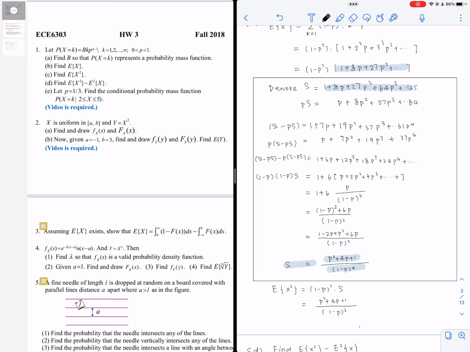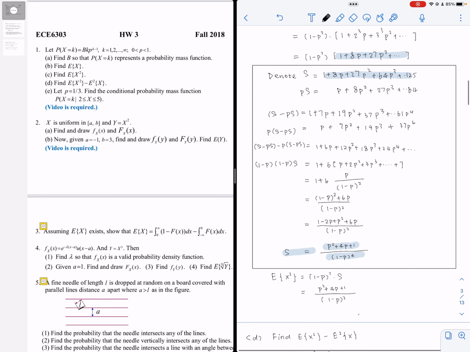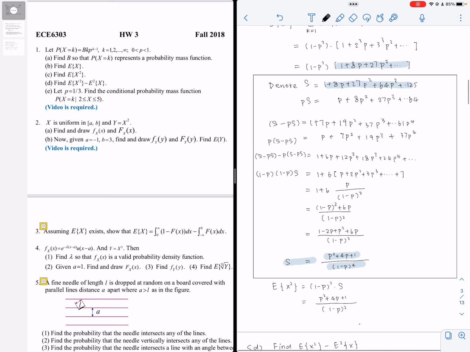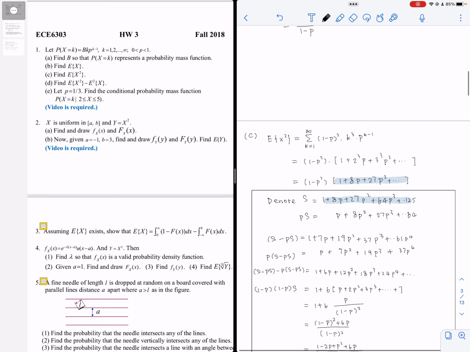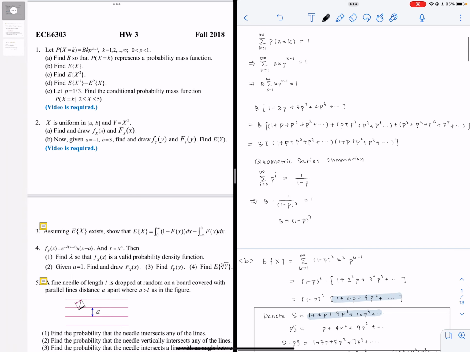And here pretty much everything is a multiple of 6, so we can just take the 6 out, and what's left is a geometric series with different coefficients. Inside the brackets here, p plus 2p squared plus 3p cubed is basically what we just got from the first question.